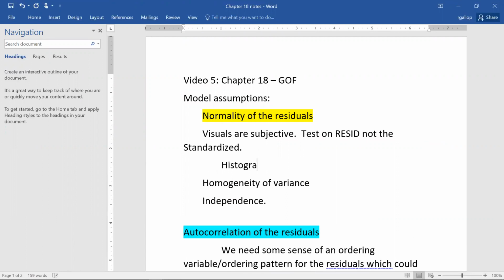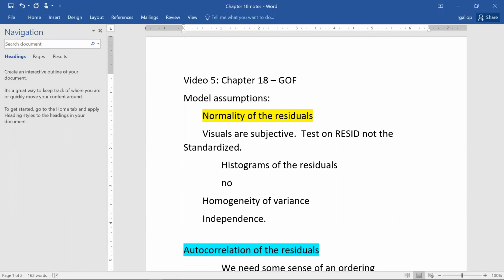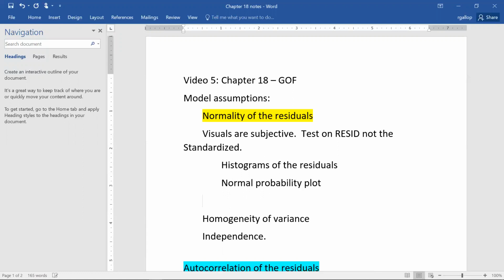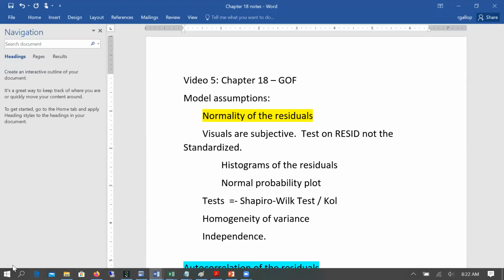Again, you can look at things like histograms of the residuals, the normal probability plot, the Shapiro-Wilks test. So again, we go back to the output.